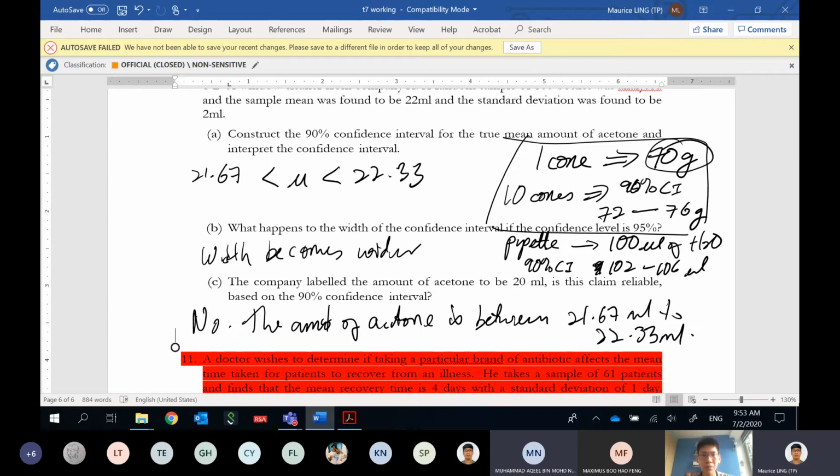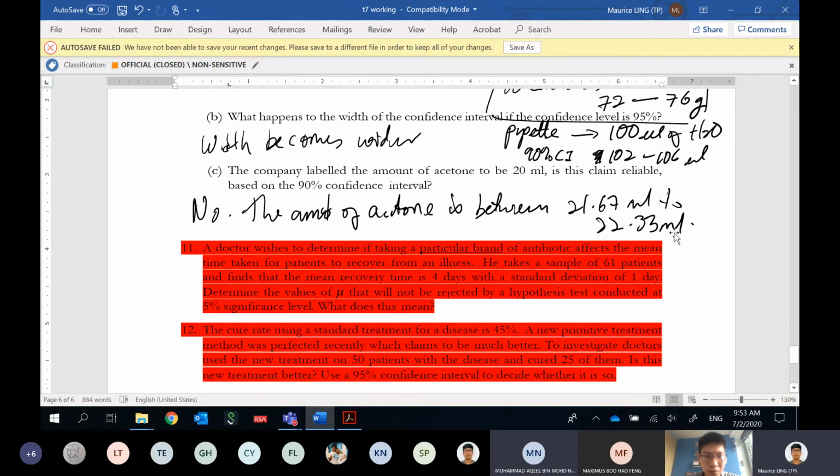Will that be a problem? Yes, correct. So it plays both ways. It depends on whether you want to be more or you want to be exact. This can be quite useful for a lot of different testing. In fact, I'm sure for your first year practical, you have pipetted water already, right? And weighed the water to see how much you pipette. So this is also how you calibrate your instrument, whether your instrument needs further calibration.